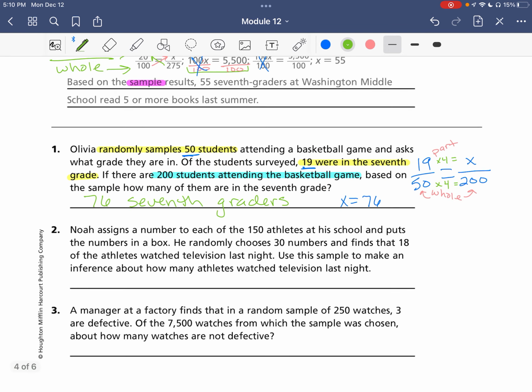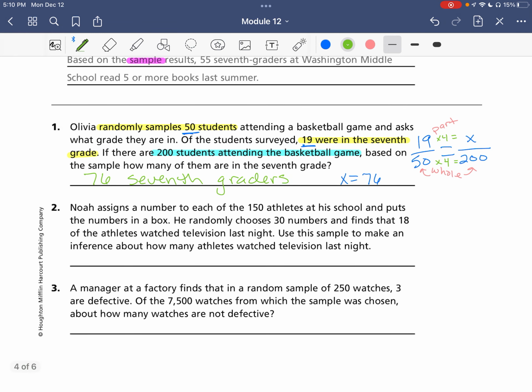All right, Noah assigns a number to each of the 150 athletes at his school and puts the numbers in a box. He randomly chooses 30 numbers and finds that 18 of the athletes watched television last night. Use the sample to make an inference about how many athletes watched television last night. So we need to set up our proportion.